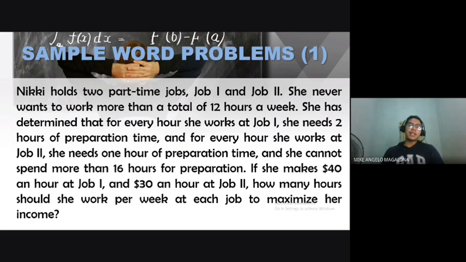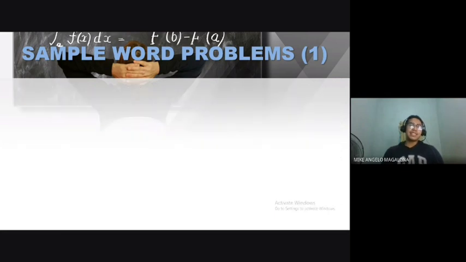And for every hour she works at job 2, she needs 1 hour of preparation time, and she cannot spend more than 16 hours of preparation. If she makes $40 an hour at job 1 and $30 an hour at job 2, how many hours should she work per week at each job to maximize her income?